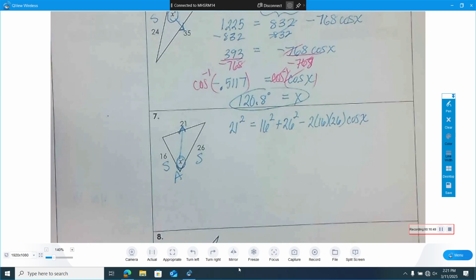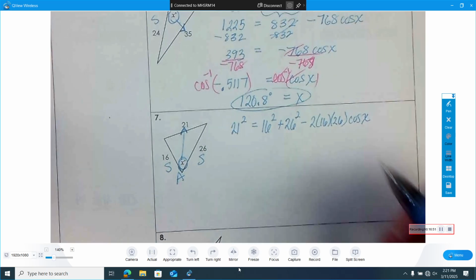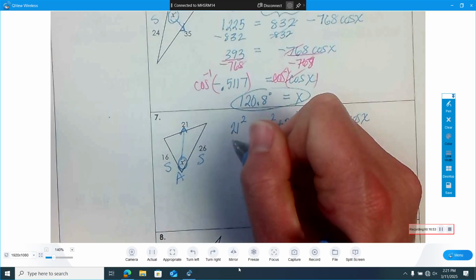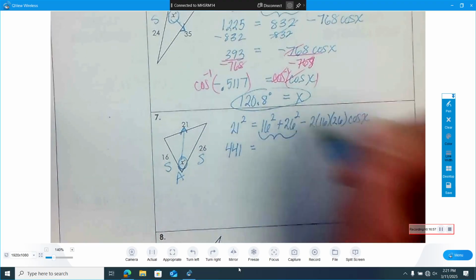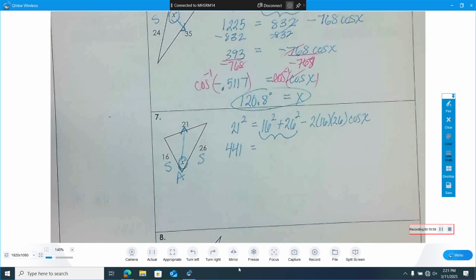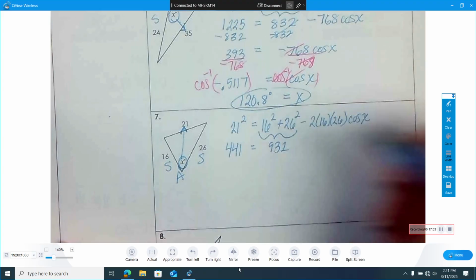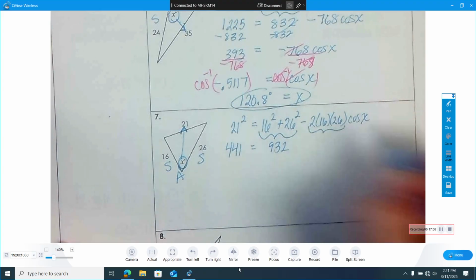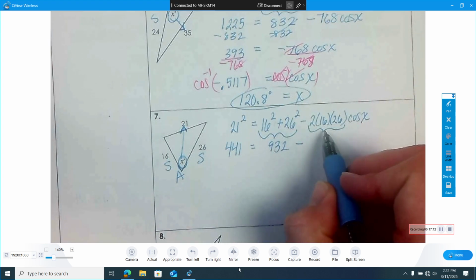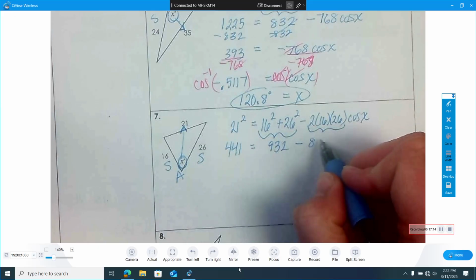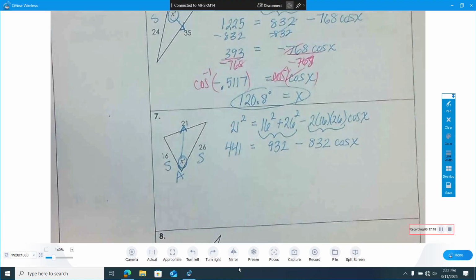What should we do next? Clean it up. Yeah, 21 squared is 441. 16 squared plus 26 squared is 932. And multiply a bunch of stuff together. 2 times 16 times 26 is, minus 832 times the cosine of x.